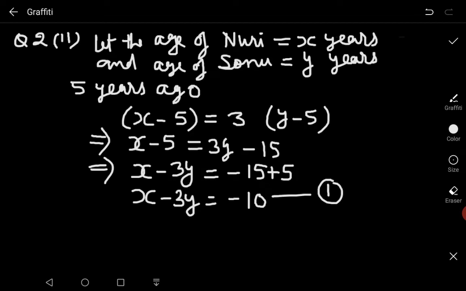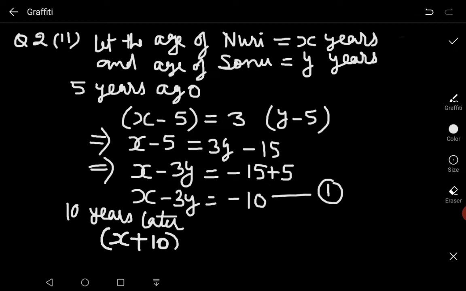So this is our first equation. Now they are saying 10 years later. So 10 years later, what will be the age of Noori? It will be x plus 10 and age of Sonu will be y plus 10. But age of Noori will be twice the age of Sonu. That's why I multiply the second one by 2. Now let us solve this equation as well.